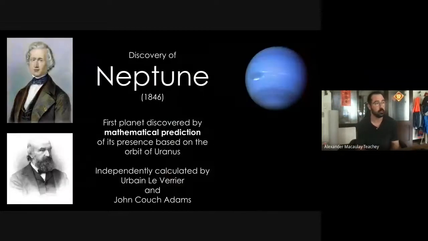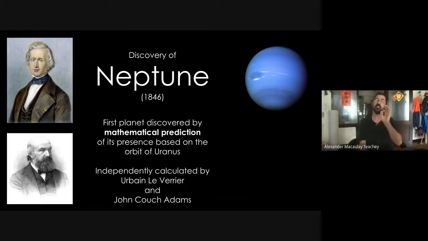And so these 2 gentlemen, Urbain Le Verrier and John Couch Adams in France and England, respectively, set about trying to calculate the position of Neptune. They were both working on it at the same time. It's an amazing sort of coincidence that these 2 people were working on this problem almost right at the same time. Le Verrier produced a calculation and said Neptune should be right there.